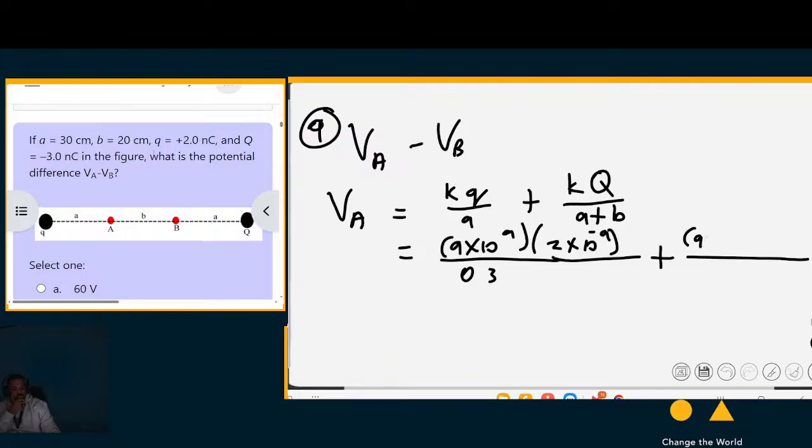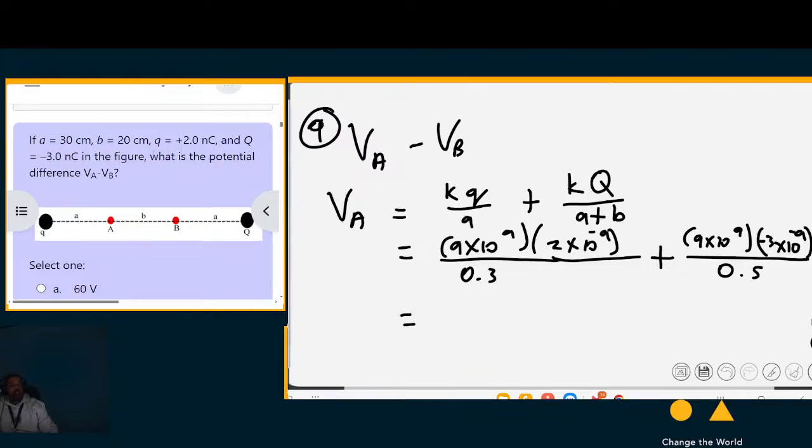Same thing here, 9 times 10 to the 9, and then the charge is negative 3 nanocoulomb, negative 3 times 10 to the negative 9. And then A plus B is 30 plus 20, that's 50, so that's 0.5 meters.